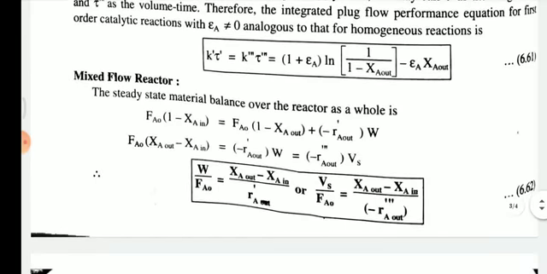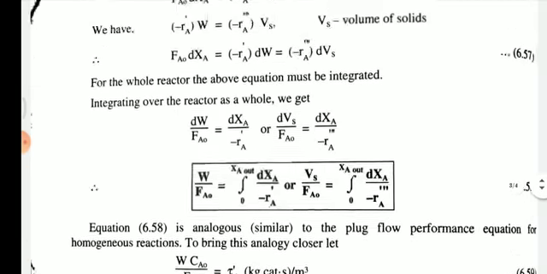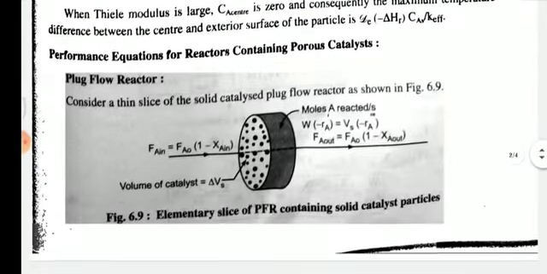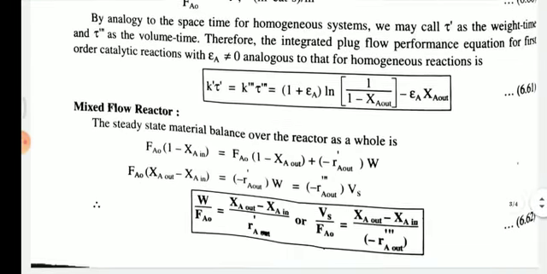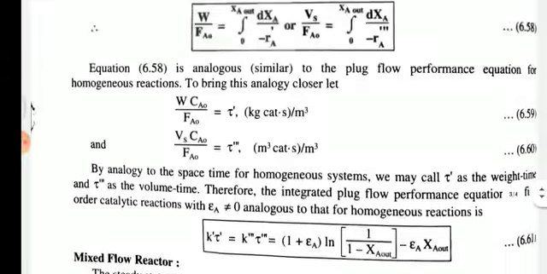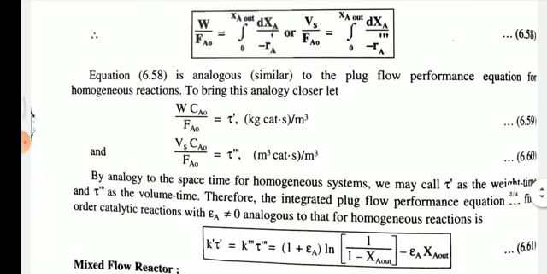Now similarly for the mixed flow reactor, this condition is considered for a porous catalyst. If we consider the plug flow, this equation should be equation number 6.58.